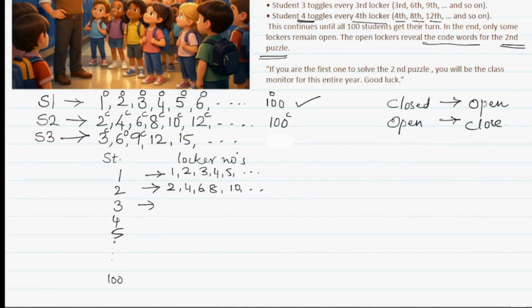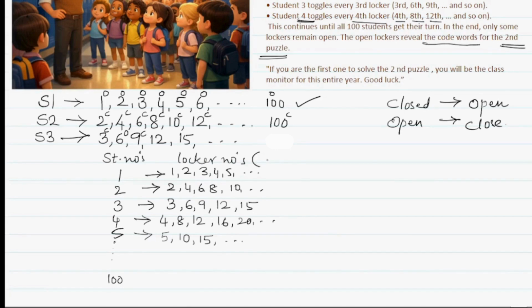Do you observe any pattern here? Yes, they are multiples of those student numbers. 4 2s are 8, 4 3s are 12, 4 4s are 16, 4 5s are 20, and so on. For 5, 5 1s are 5, 5 2s are 10, 5 3s are 15, and so on. So locker numbers are multiples, and the student numbers are nothing but factors of those multiples.